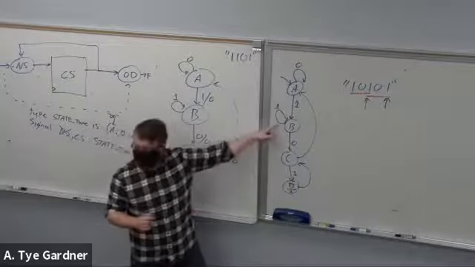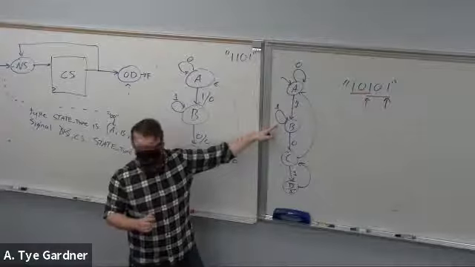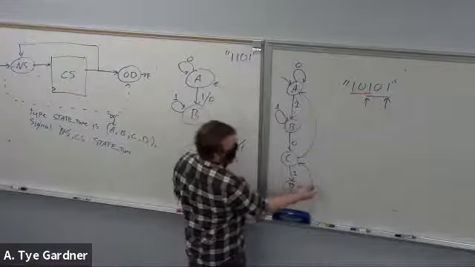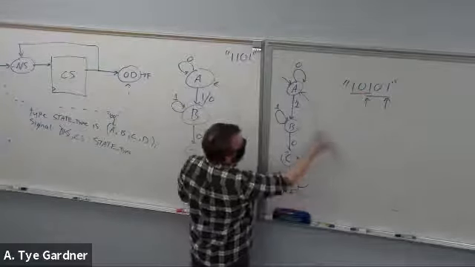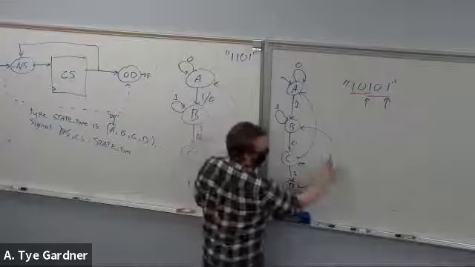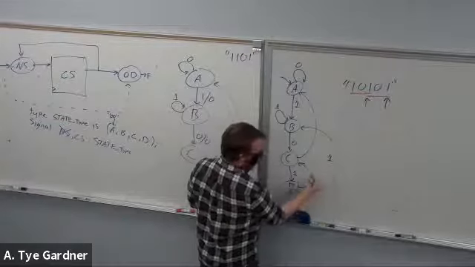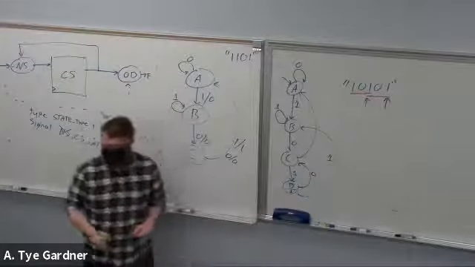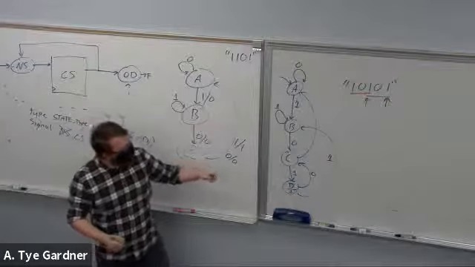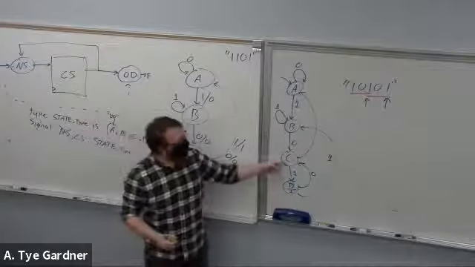I don't even go back to A if I'm here, because if I see a 1, then I've seen 1, 1. So the only way I end up back at 0 is if I'm in C and see a 0, which is saying if I see 2 zeros in a row, I go back.